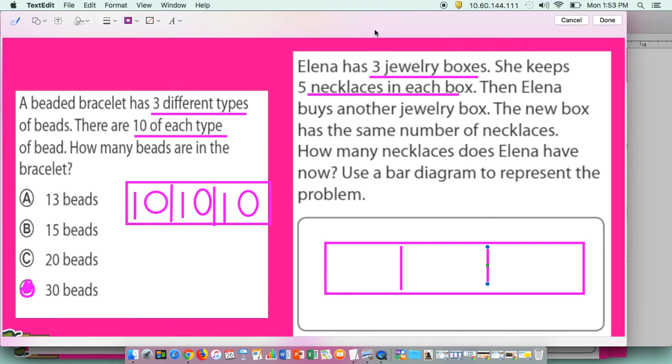Look at your information. There is 5 in each box. All right, pause the video while you work on an answer. The answer is 15 necklaces.